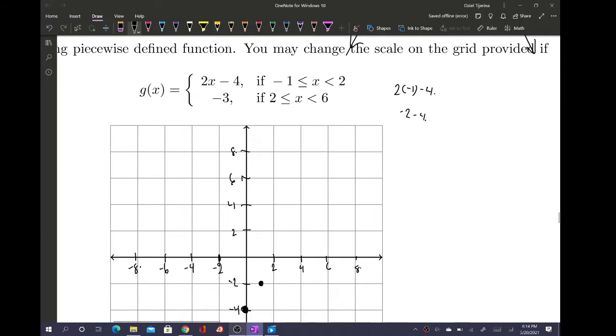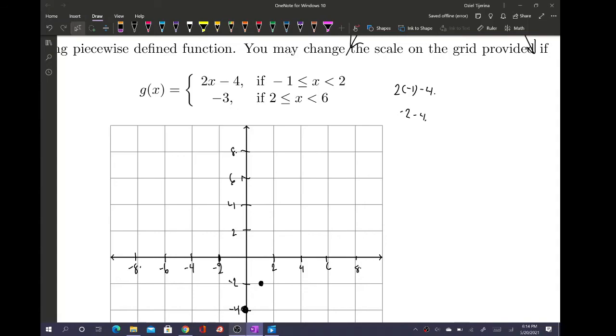And then at x equals 2, basically y would be undefined, because there's going to be an open circle at x equals 2, right?